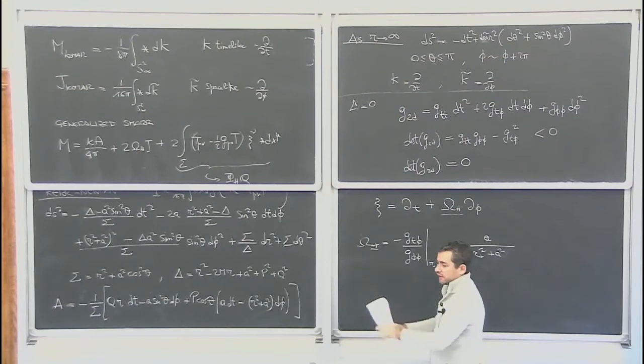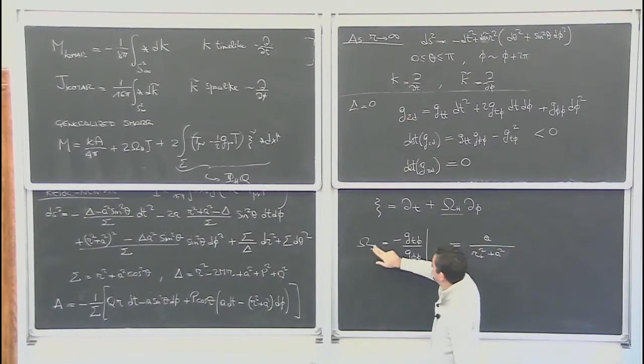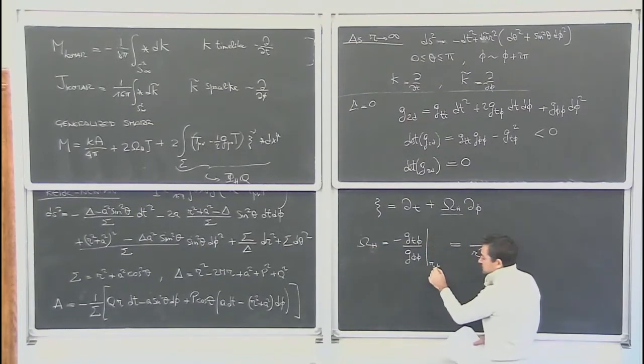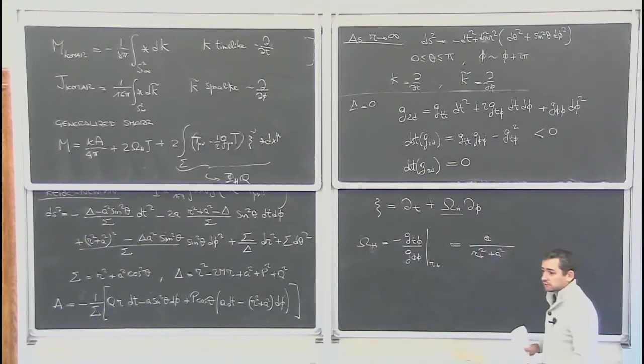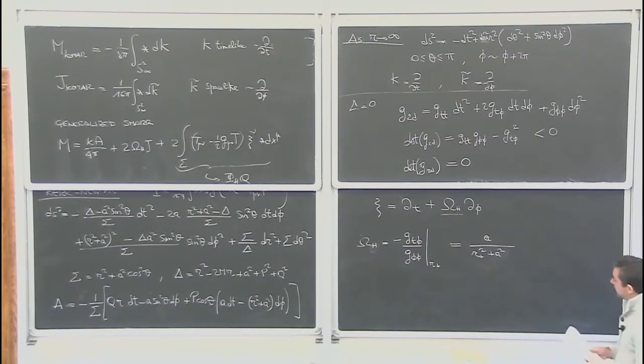Omega plus is the angular velocity of the outer horizon, minus for the inner horizon. But since we are only going to discuss the outer horizon, I call this omega H, and I just use r plus here. But the same thing can be done for r minus. So far there is no difference, at least in these concrete computations, between the two.